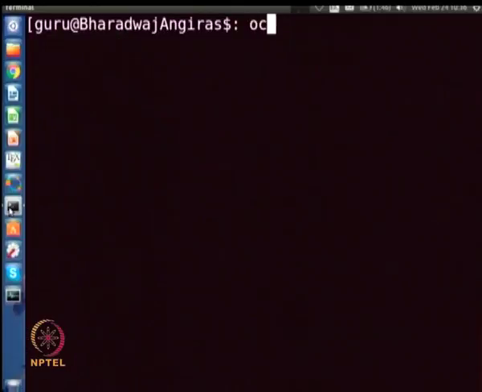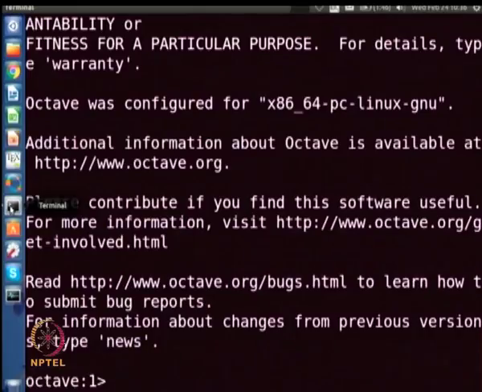Then I invoke Octave from this terminal. First, I want to plot this function A c squared into 1 minus c whole squared. So, I am going to define c to be a vector which goes from minus 0.1 in steps of 0.1 to 1.1. Okay. So, that is c.